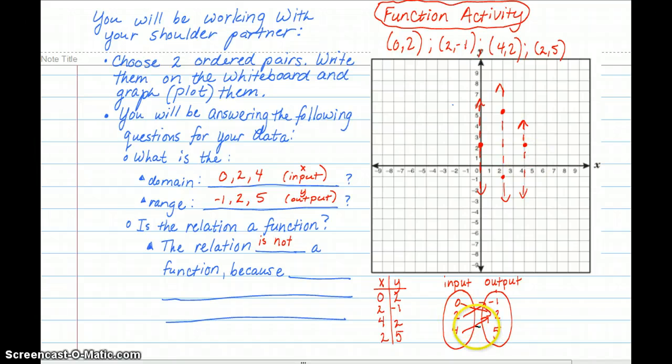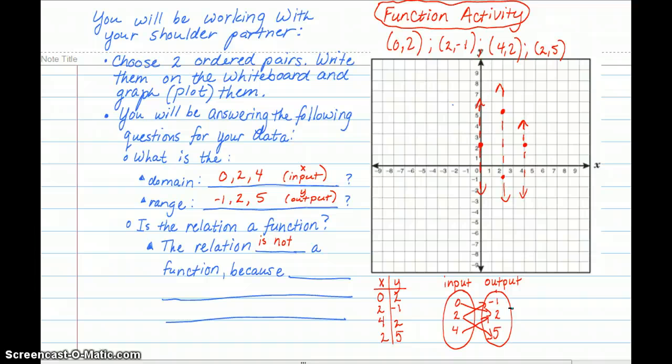Here's the one that's not going to be okay. This 2, this x value, this input value, not only goes to -1, it goes to 5. That's not going to be okay because when you have an input value, an x value, with more than one output, then you are going to end up not having a function.